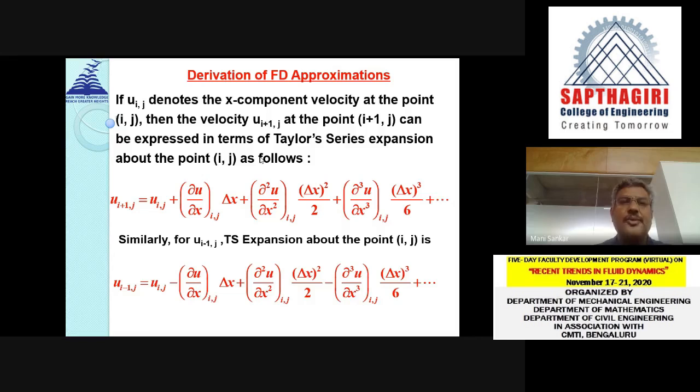If u(i,j) is the x component of velocity at the point (i, j), then u(i+1, j) is the point at (i+1, j). That is, u(i+1, j) means u of x plus delta x comma y, and u(i,j) means u of x comma y. When we expand using the Taylor series, we get the first equation. Similarly, for the Taylor expansion of u(i-1, j), this is what I get.